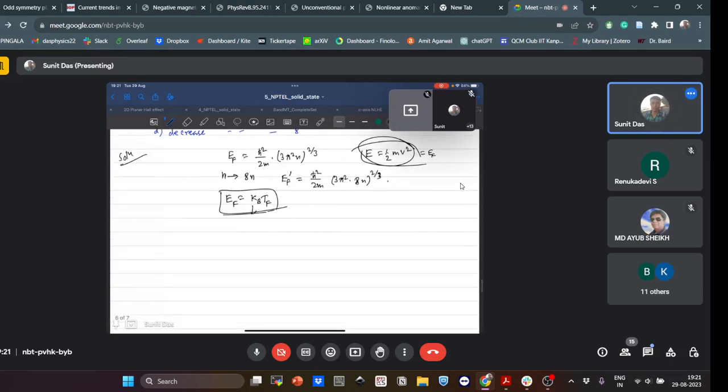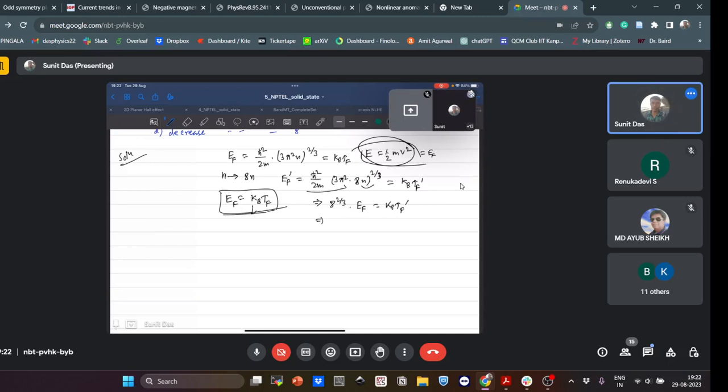So now let's say k_B T_F dash this time, or it was earlier k_B T_F. Apart from the factor 8 to the power 2 by 3, it is actually E_F equal to k_B T_F prime.